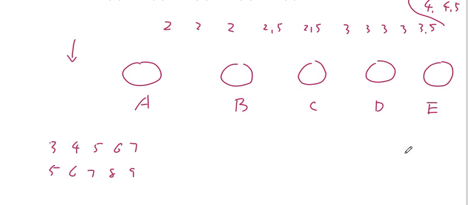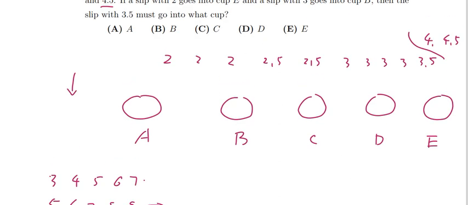Let's add them up to find the total of the 12 numbers. The sum of 2, 2, 2 is 6; 2.5 and 2.5 is 5; 3, 3, 3, 3 and the rest make 12; and 3.5, 4, and 4.5 make another 12.